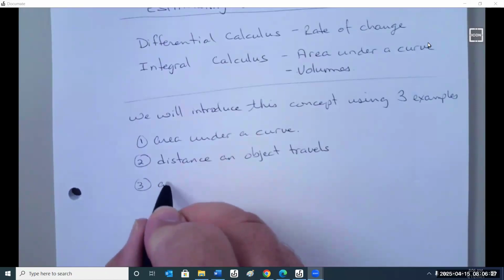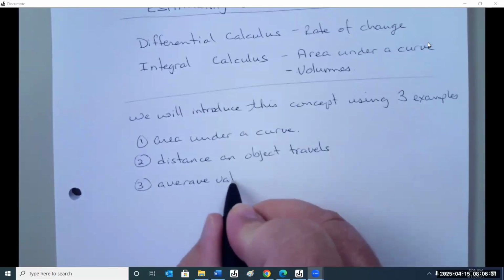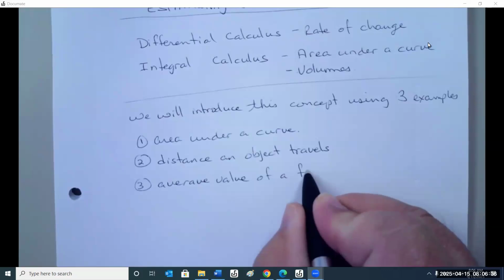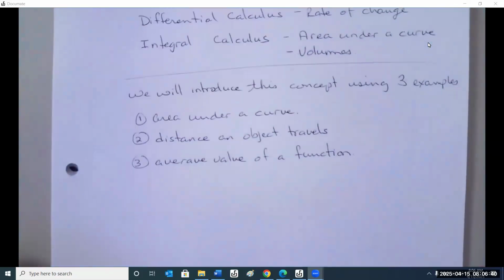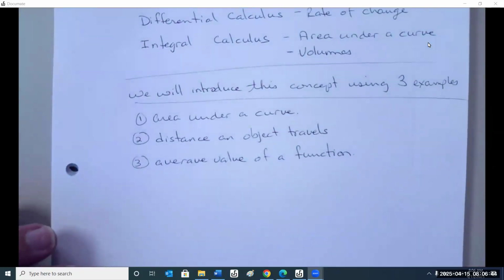And the last one is going to be the average value of a function. We're going to see how integrals will play a big role in that.